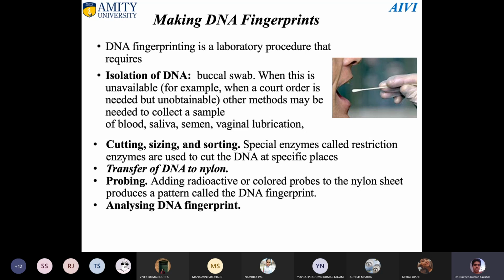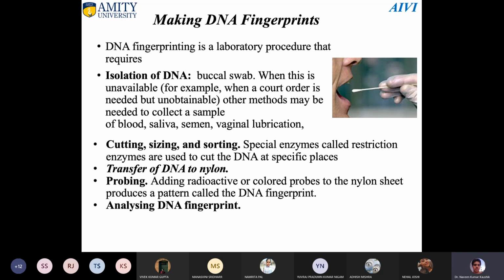Simply, if any one of you has given a sample for COVID testing, you take a specimen, a throat swab or nasal swab, and then put it into the transport media that you call VTM, viral transport medium. So here also, when you take a specimen, you have to transfer it to a medium which protects your DNA from degradation.